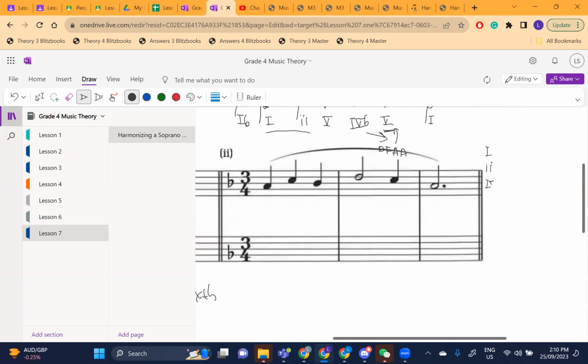Chart of chords. B, C, E, G, and then E, F, A. There. We have our chords.